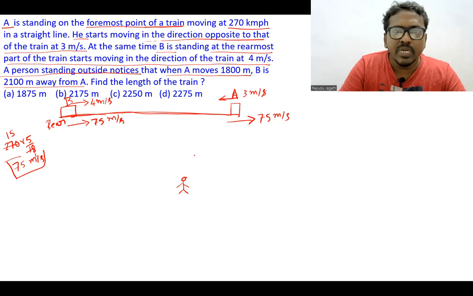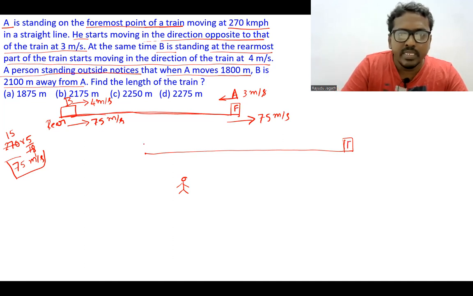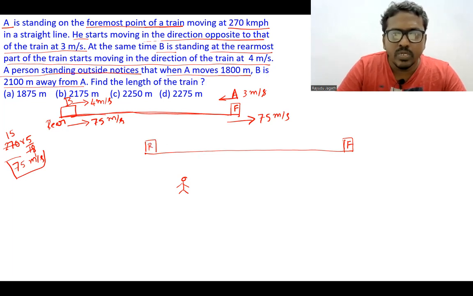And after some time, assume the train has moved some distance like this. This is the foremost point, engine point. Assume F, foremost point or engine point. This is the guard point, rearmost point R, and this is the outside person.